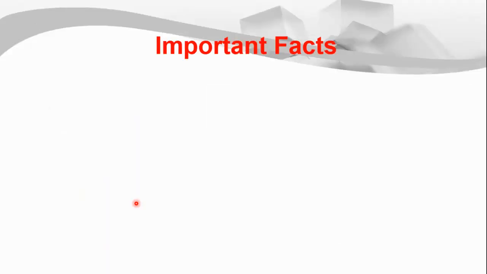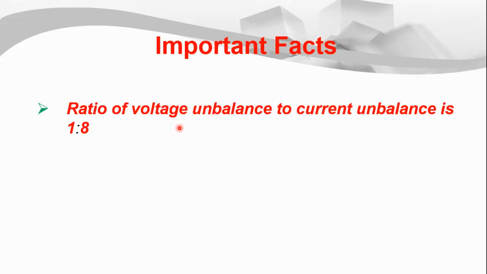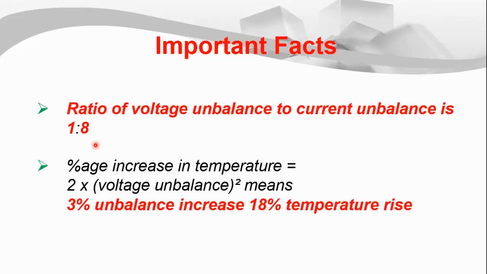Some of the important facts that occur in the event of unbalanced current: First, the ratio of voltage unbalance to current unbalance is 1:8. It means that if the voltage unbalance is 1%, the current unbalance will be 8%. Another fact is that the percentage increase in motor temperature is equal to 2 times the square of the voltage unbalance.